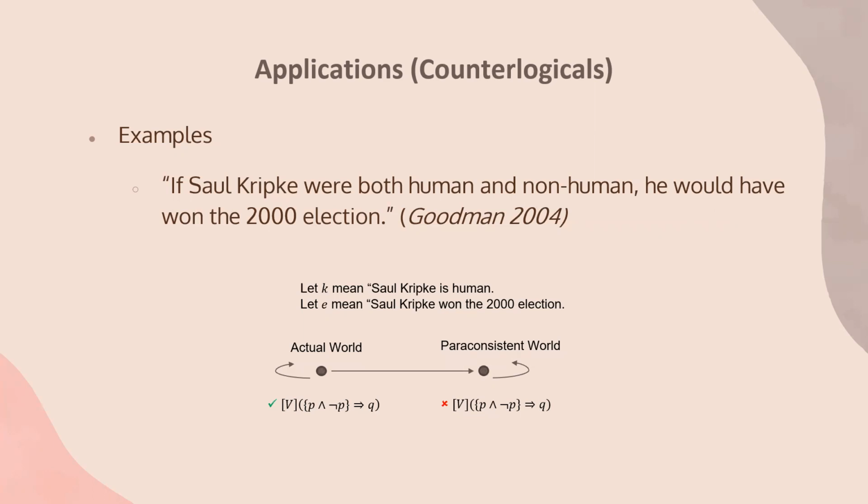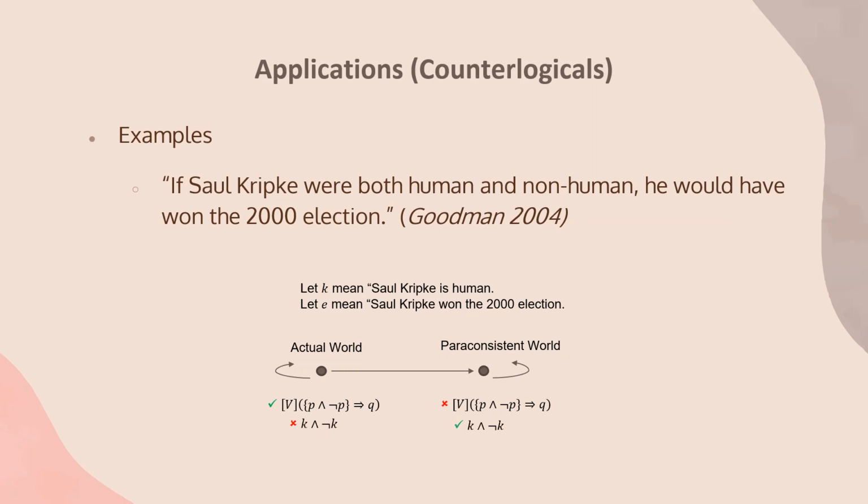If Saul Kripke were both human and non-human, he would have won the 2000 election. If we let K mean Saul Kripke is human and E mean Saul Kripke won the 2000 election, we can suppose we have this model and use it as a countermodel to show that the counterfactual is false. We can have an actual world that, suppose for the sake of argument, satisfies the law of explosion. We have a paraconsistent world accessible from the actual world that is paraconsistent.